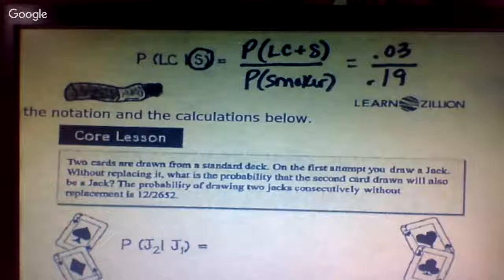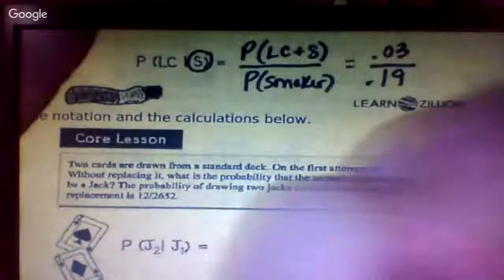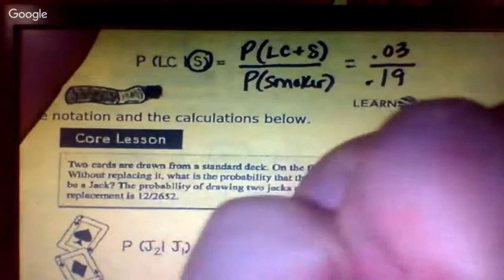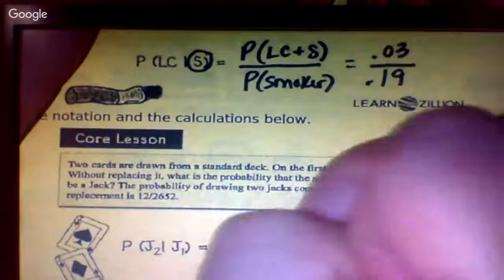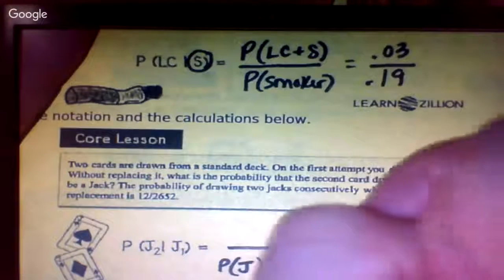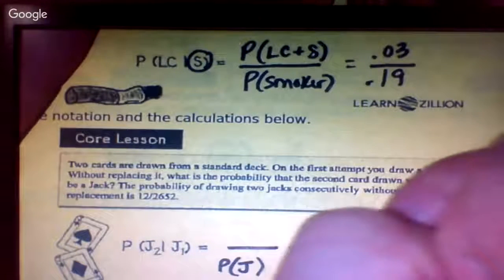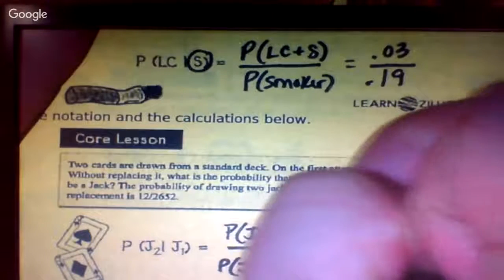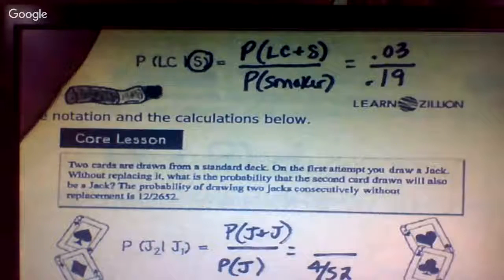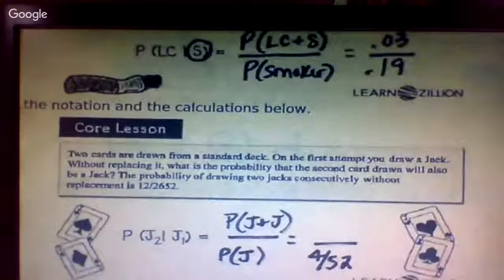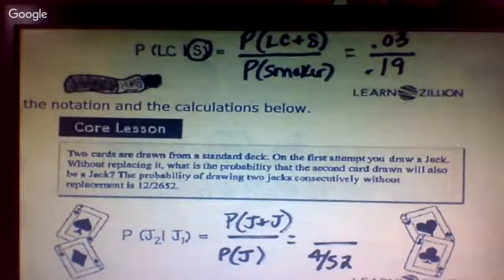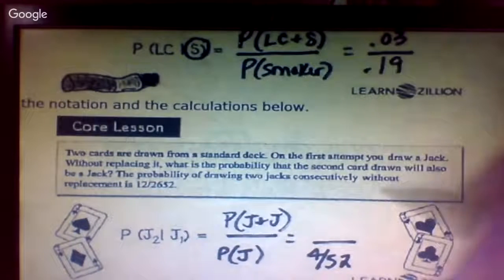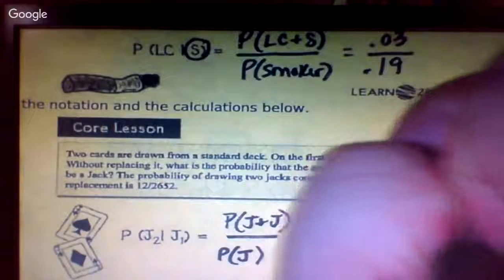What's the probability of drawing a jack? 4 out of 52. What's the probability of a jack and then another jack? They give you this one. 12 over 2,652.